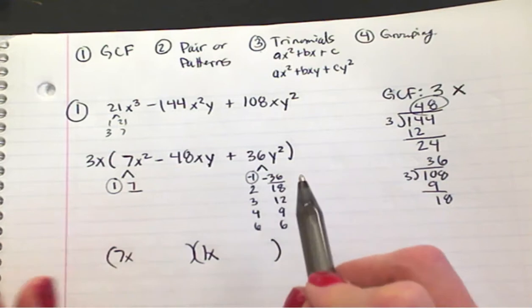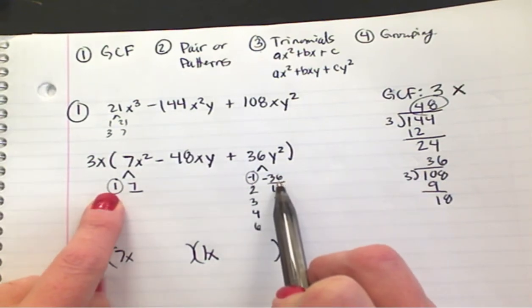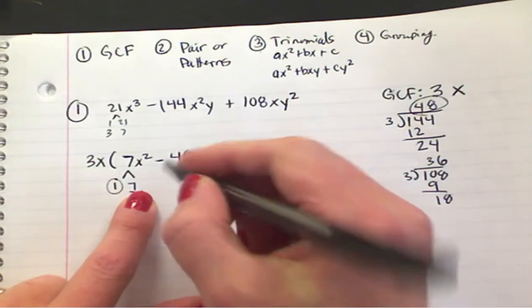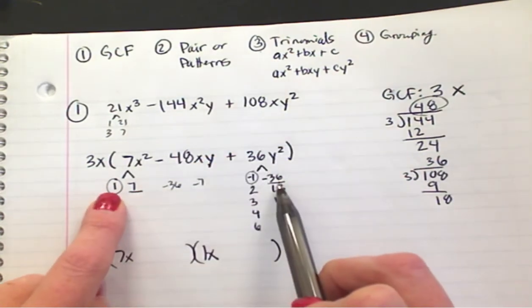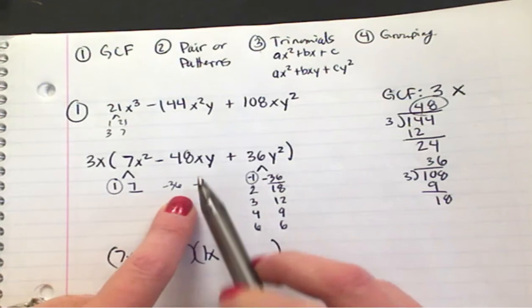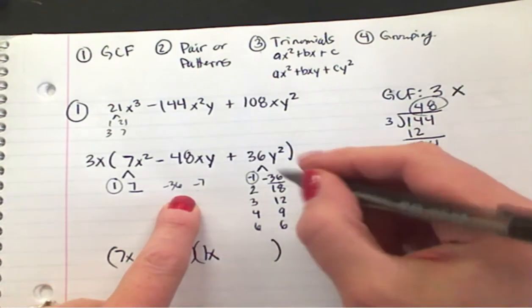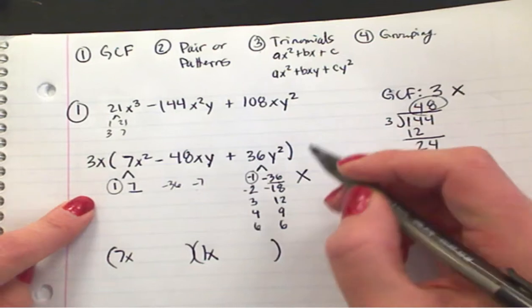Okay, so try the other pairing. -36 and -7. Okay, see that? Circle line. -36 and -7. Those do not add to -48. So that is not the choice. Okay, let's try the next set.